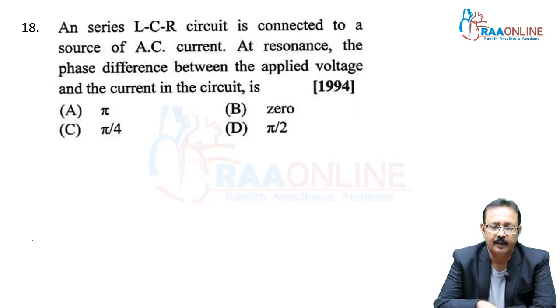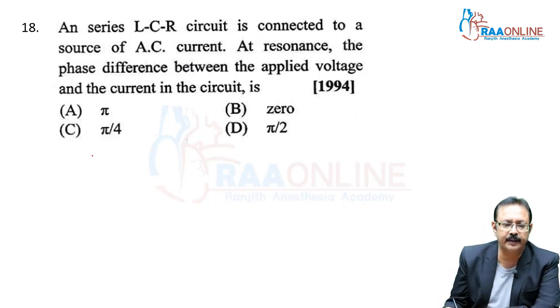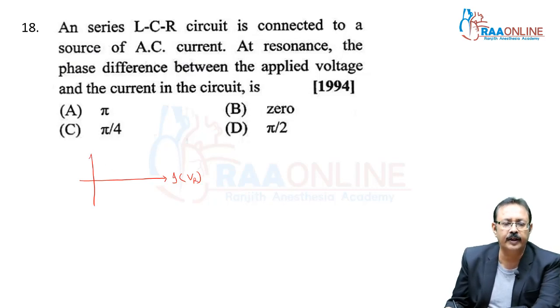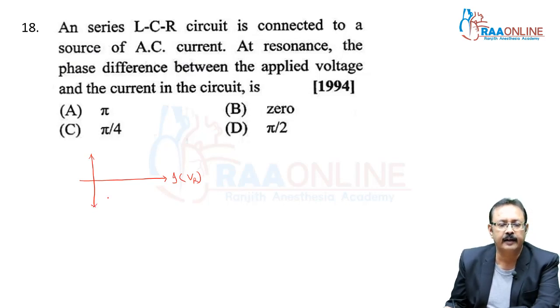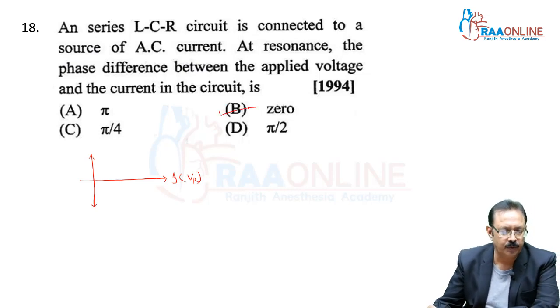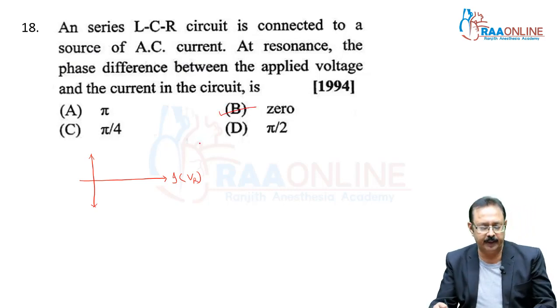Means no XL, no XC. It is current. In case of R, it is voltage, VR. If XL is greater than XC, voltage will lead. If XC is greater than XL, current will lead. When both these are equal, current will move with the same phase as R. So phase difference should be 0. So for 18th we are going with B.